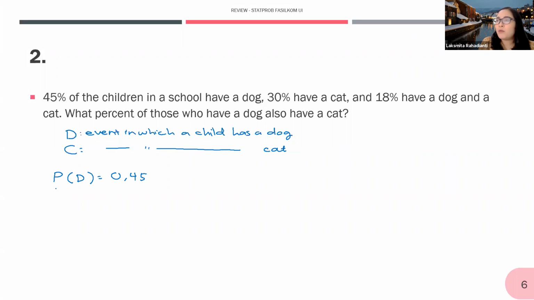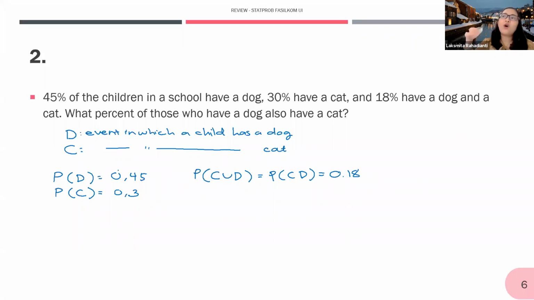I also know that the probability of C, having a cat, is 0.3. Next, I know that 18% have both a dog and a cat. So I know the probability of C and D, or I can also write this as CD, is 0.18.